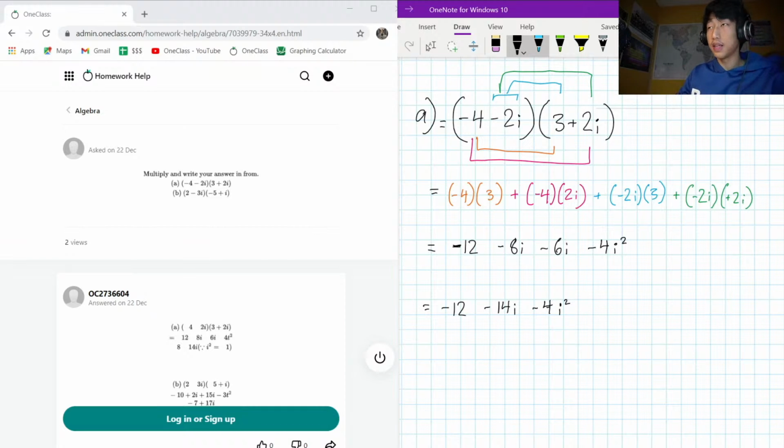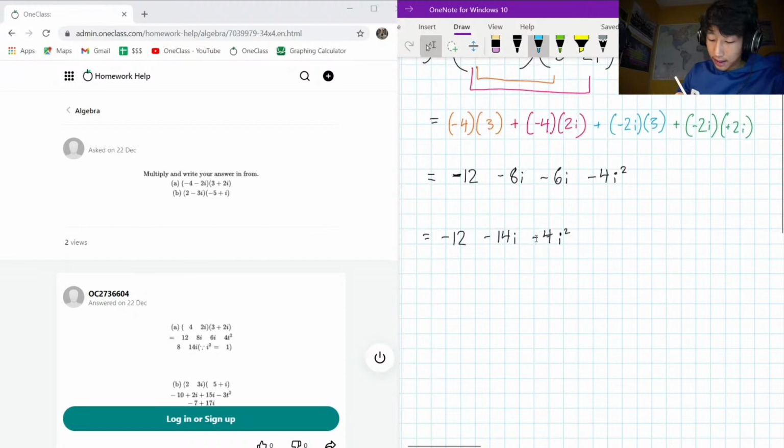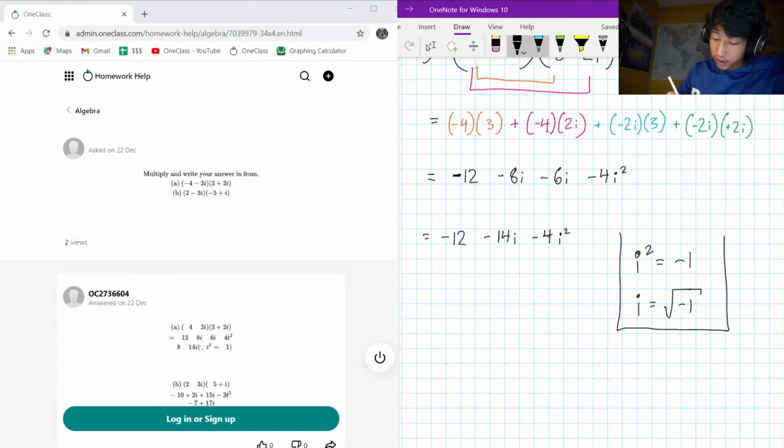To simplify this even further, all we need to keep in mind is that i squared is equal to negative 1, or i is equal to the square root of negative 1. If you're not too familiar with complex numbers, I'll tell you this. Anyone who has told you that you can't take the square root of a negative number has actually been lying.